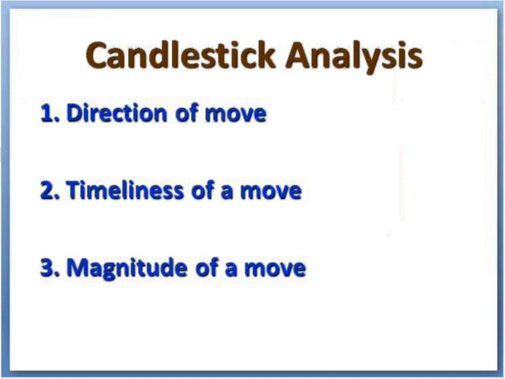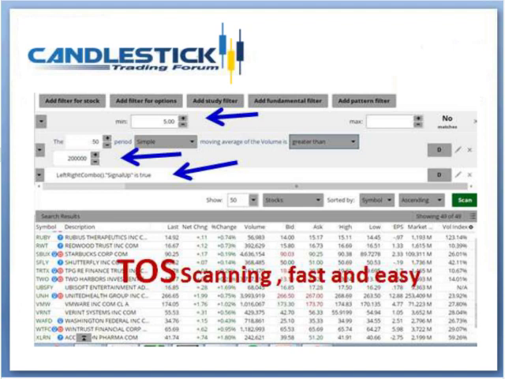And depending on what software you use, for example, you can set up your scanning software with Thinkorswim, where you can set up your parameters and then come up with a list of stocks that fit those parameters.